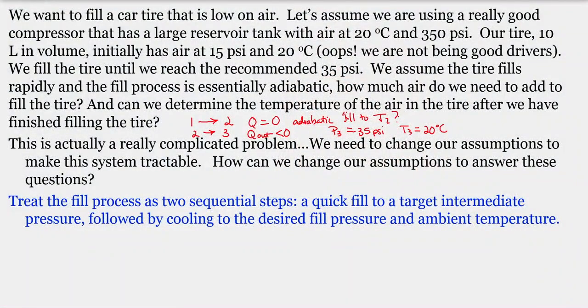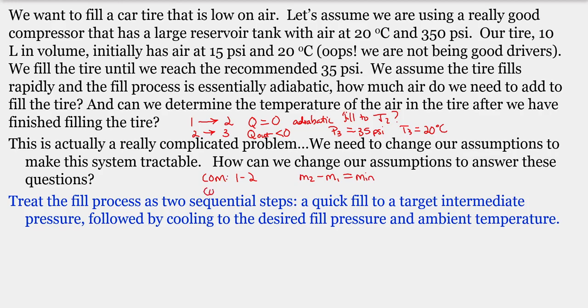Okay, so from steps 1 to 2, that hasn't changed, right? From 1 to 2, this is the adiabatic fill to T2. So the conservation of mass for steps 1 to 2 is exactly the same as what we had before: M2 minus M1 is equal to Mn. That's the conservation of mass.